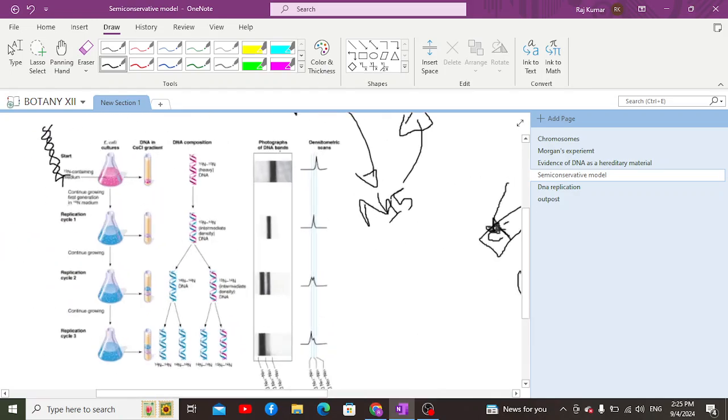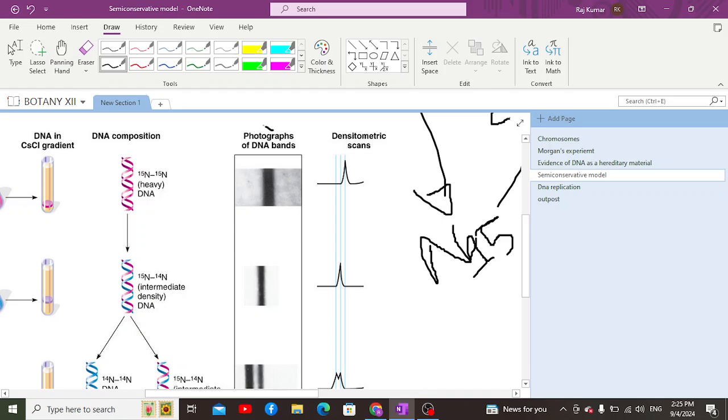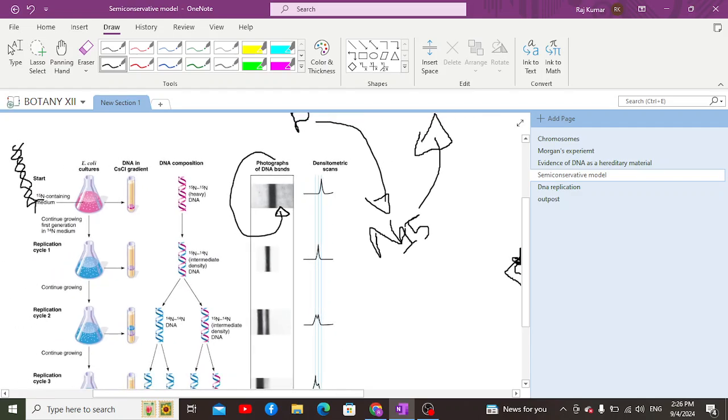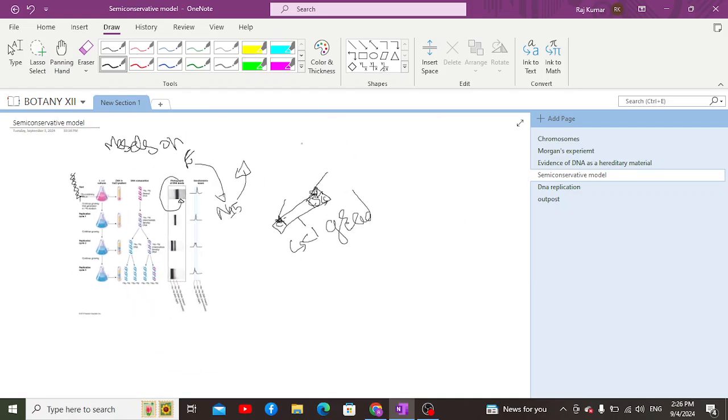And this was done with the help of photographs of DNA bands. When it was viewed through the X-ray diffraction process, what they noticed in the first experiment was the photographic band of DNA on the side where the cesium atoms were present in the pellet.